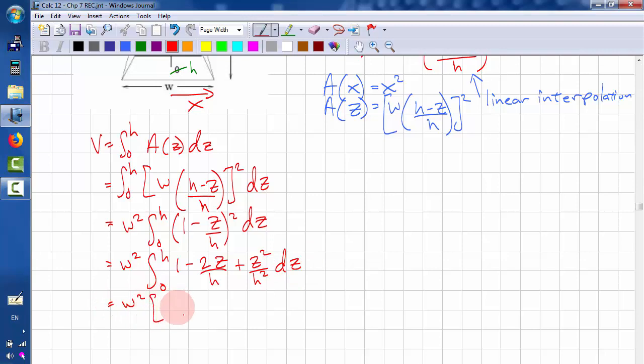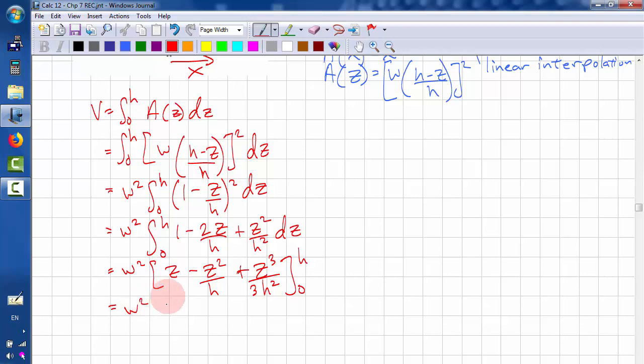Now we have the integral of 1 is z. Integral of 2z over h is z squared over h. Integral of z squared over h squared is z cubed over 3h squared. And we're going from 0 to h.